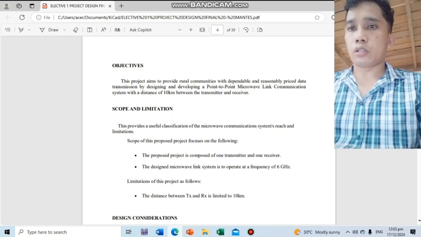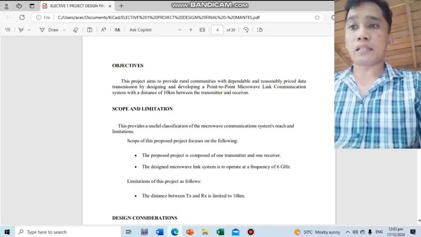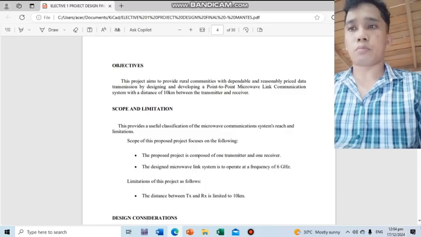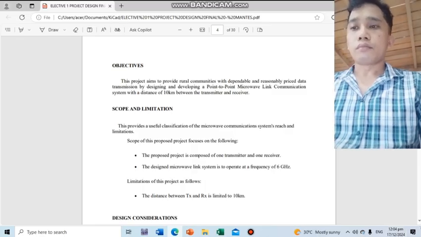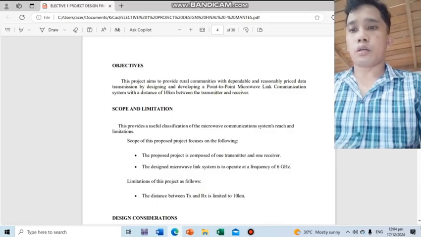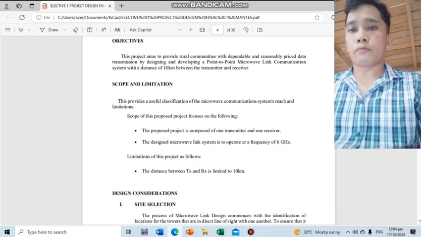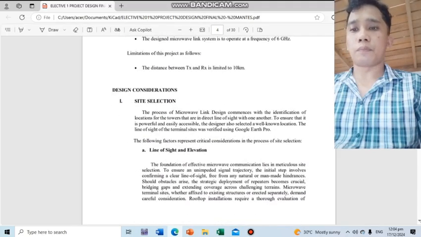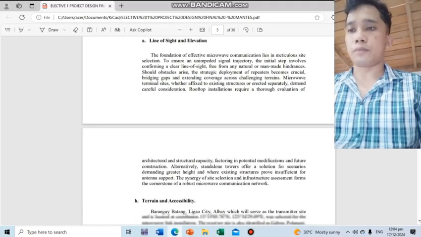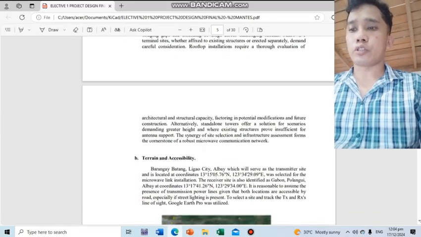This project aims to provide rural communities with dependable and reasonably priced data transmission by designing and developing a point-to-point microwave communication link with a distance of 10 kilometers between the transmitter and the receiver. For the proposed project, there is one transmitter and one receiver, and the operating frequency is 6 gigahertz over a distance of 10 kilometers. Site selection.